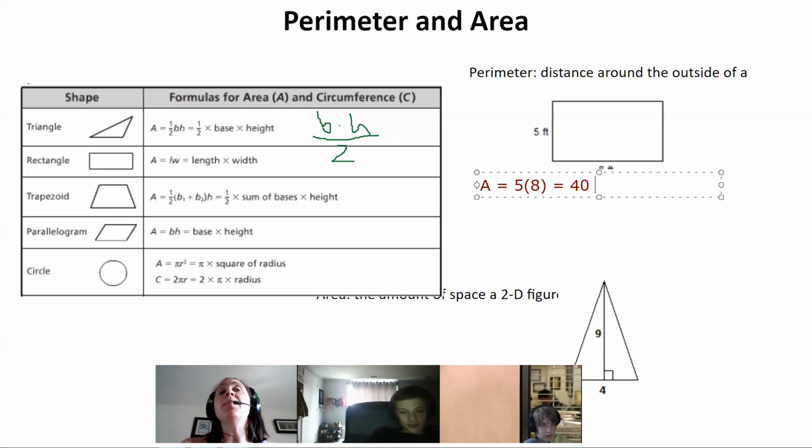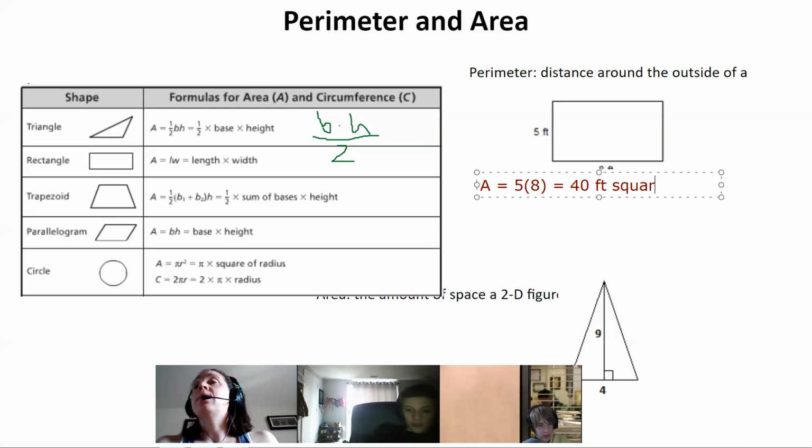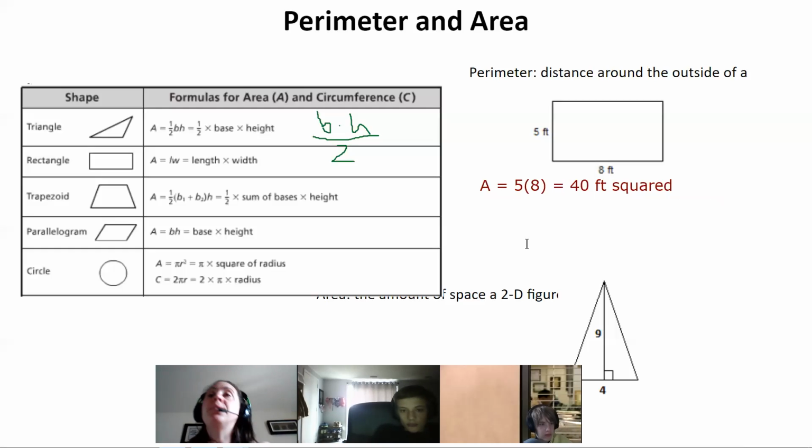And we would label that. How would I label something with area? Squared. Yeah, we would say feet squared, or we would use the little 2. Very good. What about perimeter?